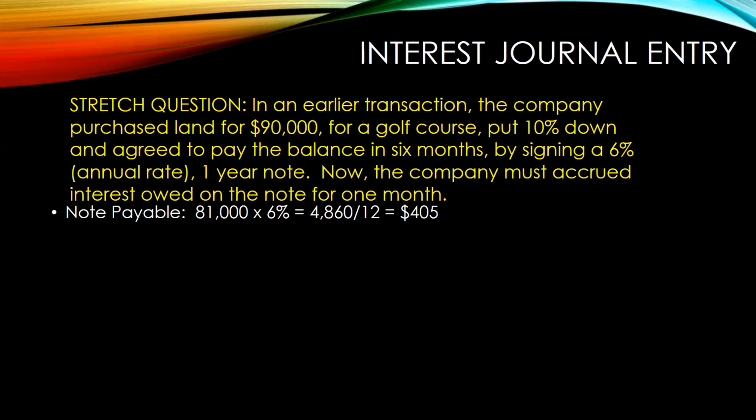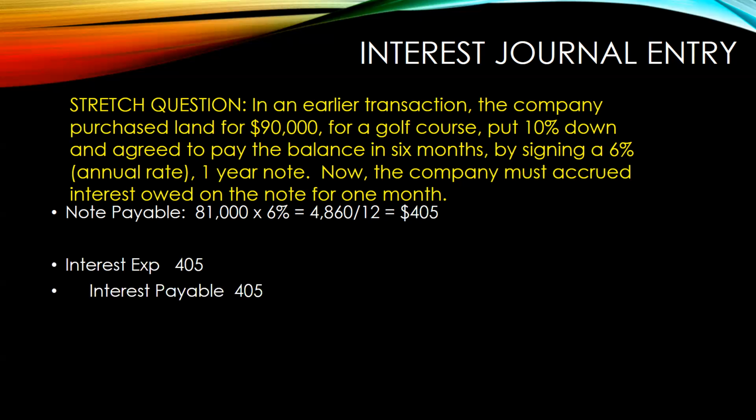Okay. In this case, it's for interest. So it would be interest expense. And let's just abbreviate that like that. And it would be interest payable. Now, if you had gotten the dollar amount and one other item here correct, I would have given you the full 2 points.